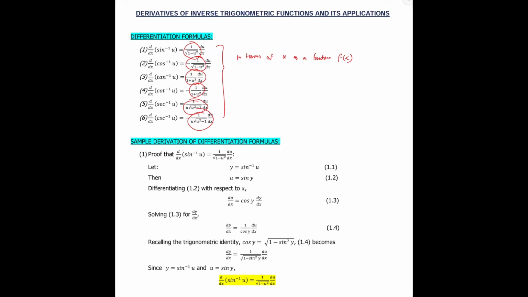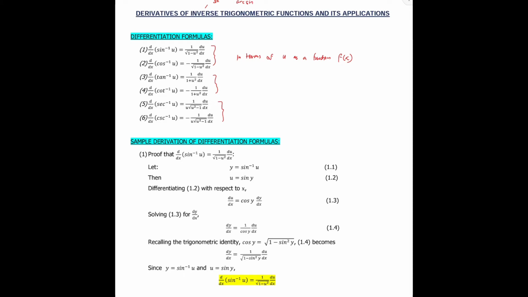So naa tay mga pares-pares diri. Si arc sine or arc cos, then we have si arc tan and arc cotangent, then si arc sec and arc cosecant. So ang inverse man na siya ang kanang negative 1 exponent or arc sine sa iyang name.